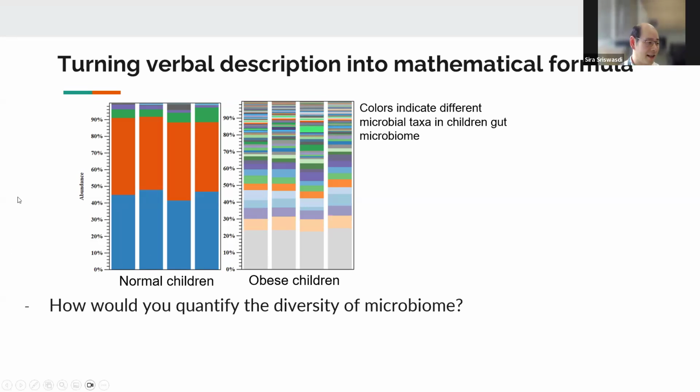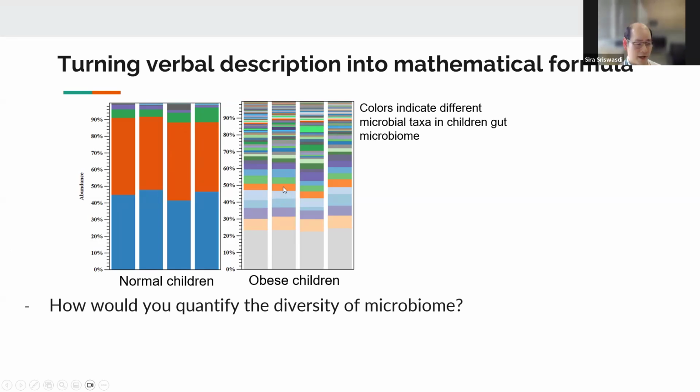In normal children, they might have very few taxa, very few different bacteria that occupy the majority. But in obese children, because of their medical condition, they might be hosting many different bacteria.